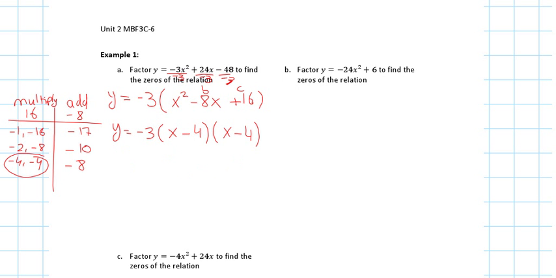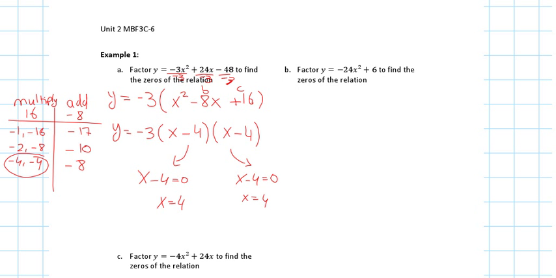So in this case, I only have 1 zero. Can I have only 1 zero? Yes. It's the same thing as the vertex. But we'll talk more about this later on. In this case, your zero is x equals 4. You only have 1 zero. If I'm going to graph this, it's going to look like this.